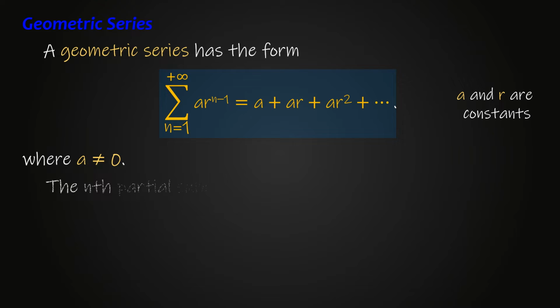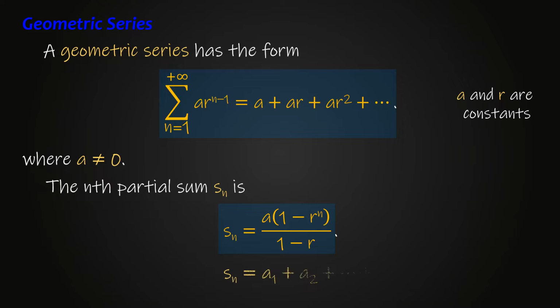The nth partial sum is given by the following closed-form formula. It means that we can compute a partial sum of a geometric series using this formula without the need to enumerate the n terms of the partial sum.